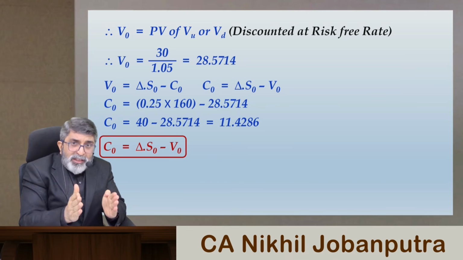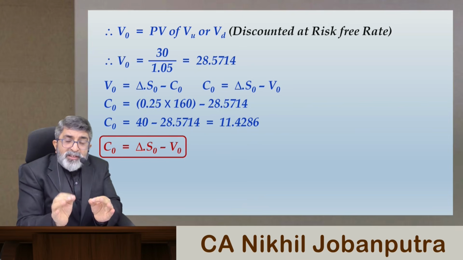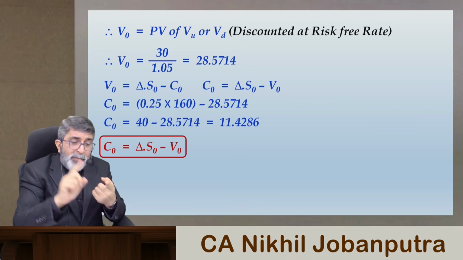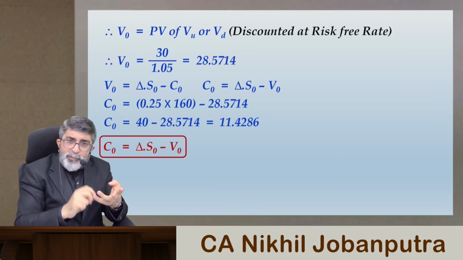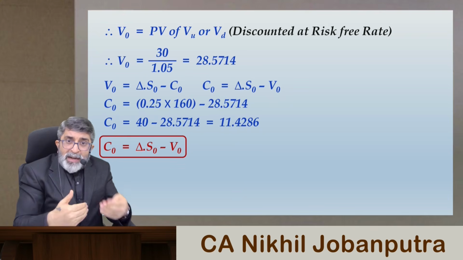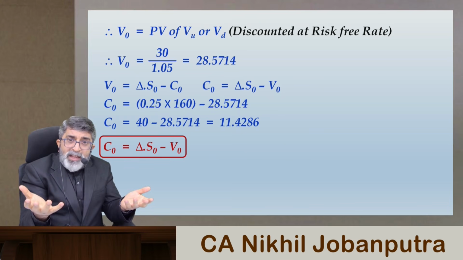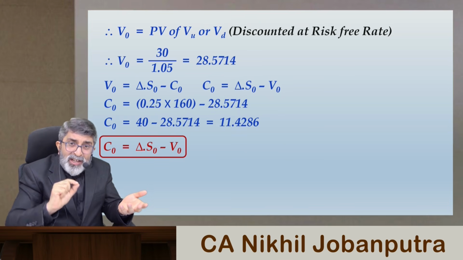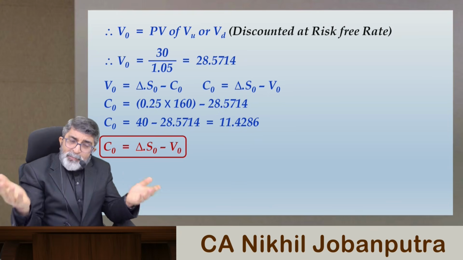Everything I have discussed up to this part was just the application of the binomial model, computing delta, computing the value of call and put. I did not introduce put call parity. As a matter of check, we have computed the value of call and put both, so you have all the information available. As an additional assignment, you can apply put call parity and check that parity will work.